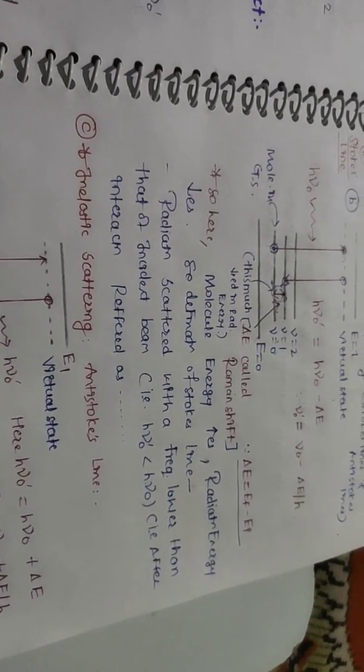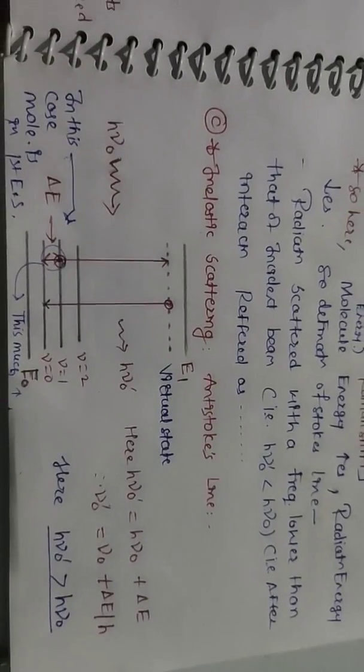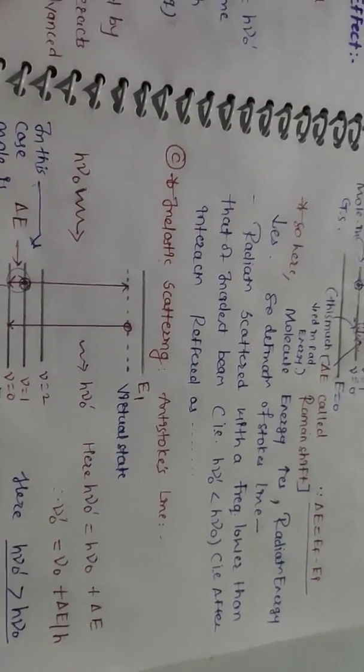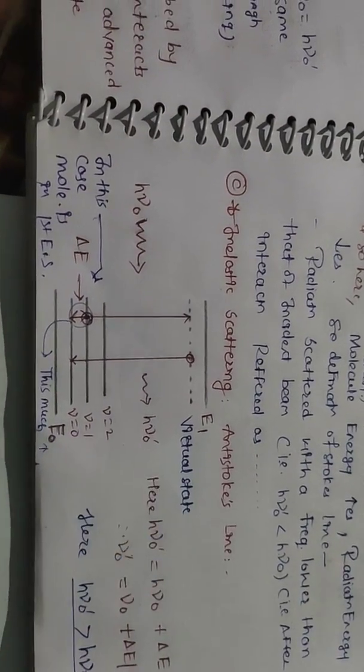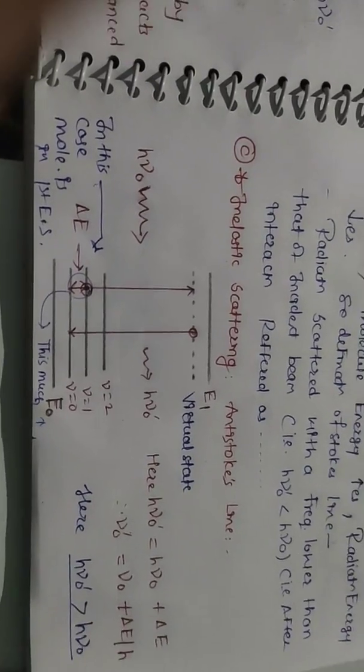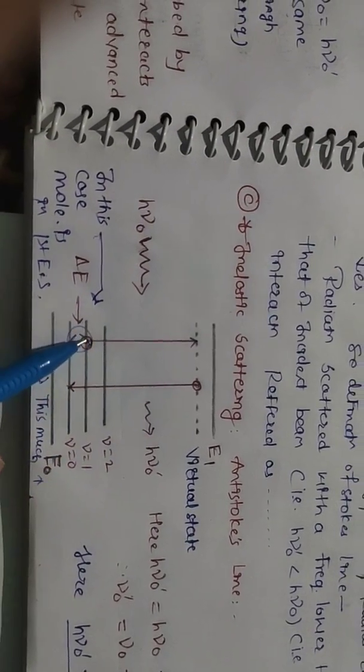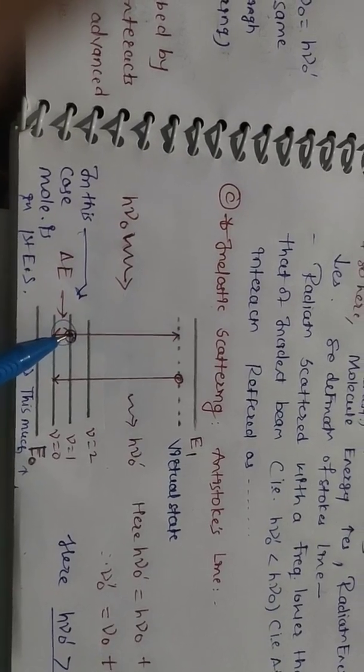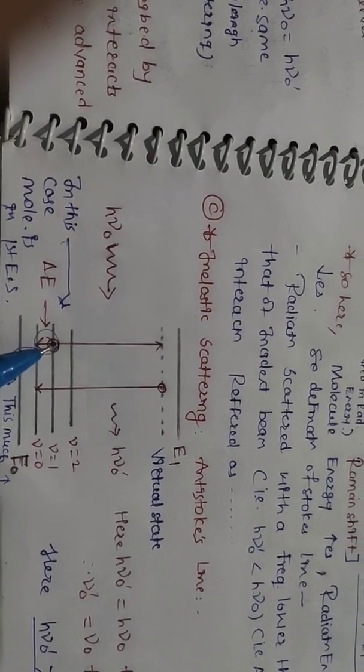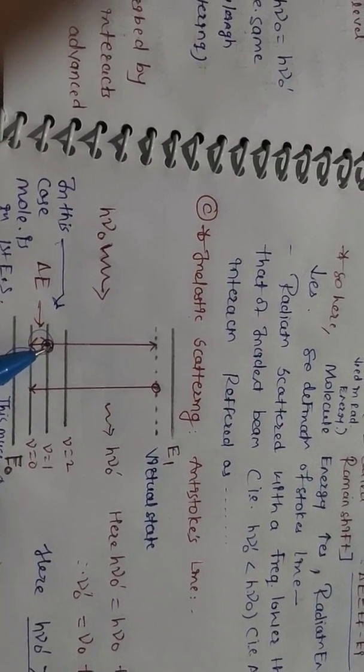In the next case, just the reverse happens. I will explain with the help of the diagram again. In this case, the molecule is in the first excited state, that is the first excited vibrational level.